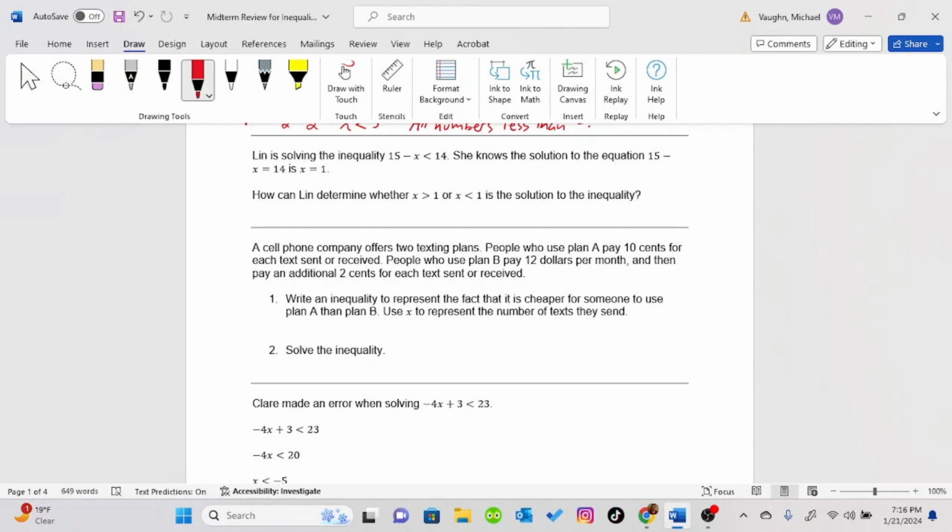So we would take the original inequality and substitute 0 in for x. If we do that, 15 minus 0 is 15, and 15 is not less than 14. So if 0 doesn't make it true, then none of the numbers less than 1 will make it true. Therefore, the solution is x is greater than 1.